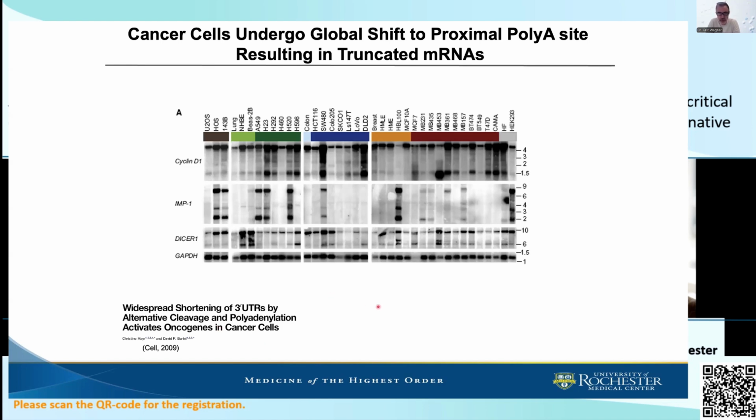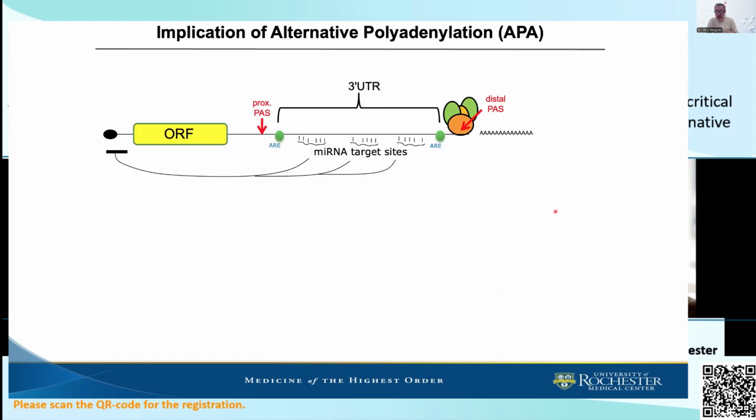So if you look at this northern blot, you can see that the oncogene cyclin D1 in normal breast epithelial cells tended to create an RNA that was long. But in the transformed cells, there was a broad tendency to express a shorter RNA. And so collectively between these papers and many others published at that time, a model emerged where in normal or quiescent or non-cancerous cell lines, there was a general tendency to utilize a poly A signal that was distal to the stop codon.